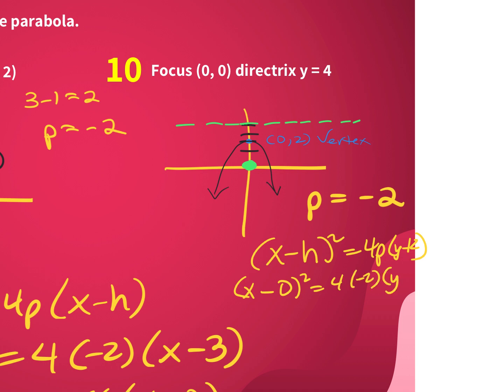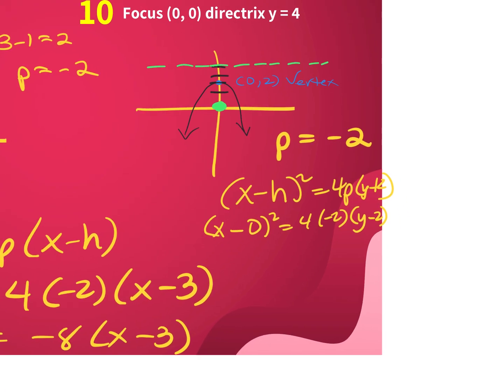And my k value is +2. So I'll go ahead and multiply. This x minus 0 just turns into an x squared. And then -8 times y minus 2. And we're done. That is it for the notes on writing equations of parabolas given parts of the parabola graph.